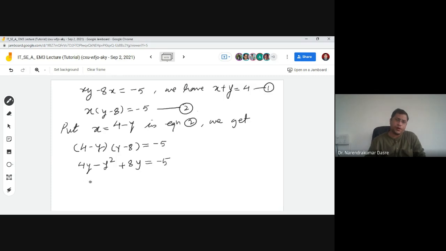So minus y square plus 12y is equal to minus 5. I can take this on the other hand side, and we can write y square minus 12y minus 5 is equal to 0.